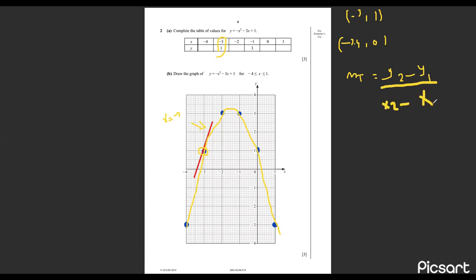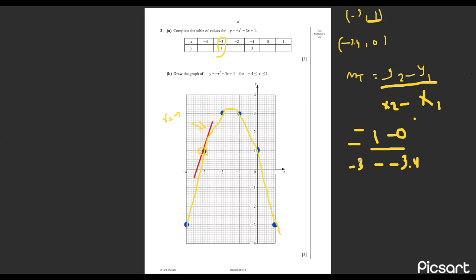I see y2 is 1 minus 0, dividing by negative 3 minus negative 3.4, which will be here.